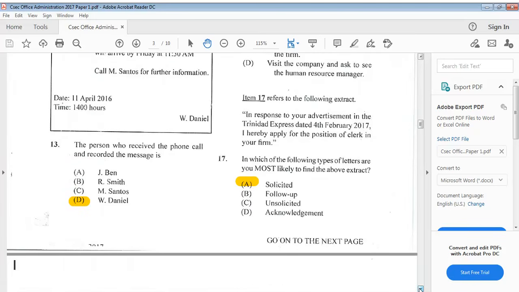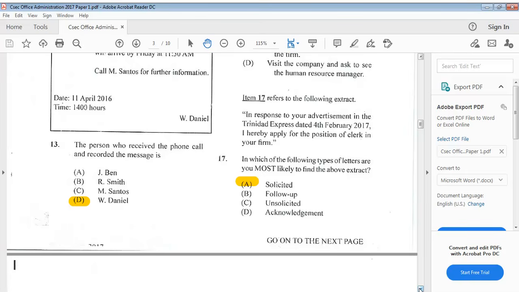Item 17 refers to the following extract. In response to your advertisement in the Trinidad Express dated 4th of February 2017, I hereby apply for the position of clerk in your firm.